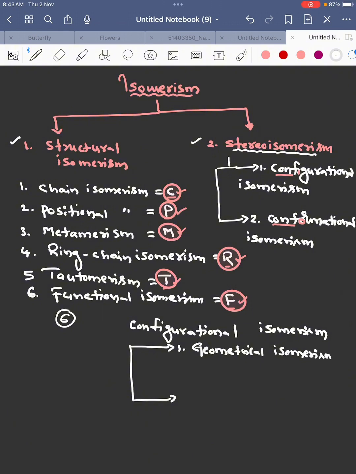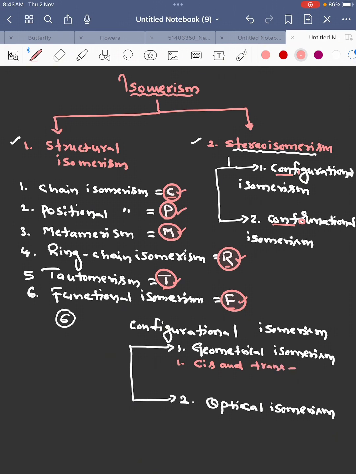And the second part we call optical isomerism. This is a very important concept for competitive exams. Under geometrical isomerism, what are the types of isomers we are going to study? One is called cis and trans.